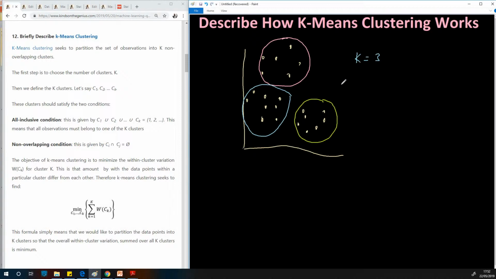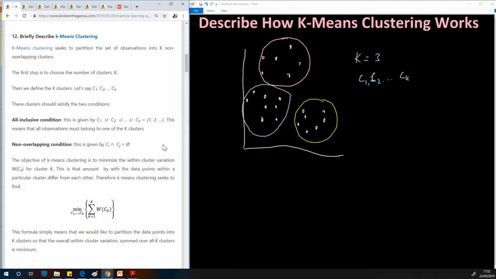There are 2 things you'll need to know, the 2 conditions for k-means clustering, and these 2 conditions are very important. If you have k clusters, and these clusters are C1, C2, all the way to Ck, the all-inclusive condition is the first condition that has to be met.